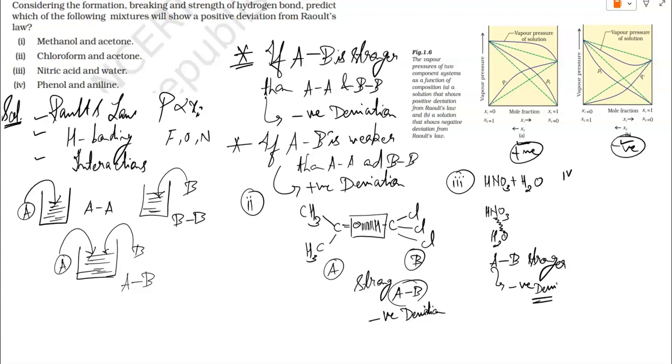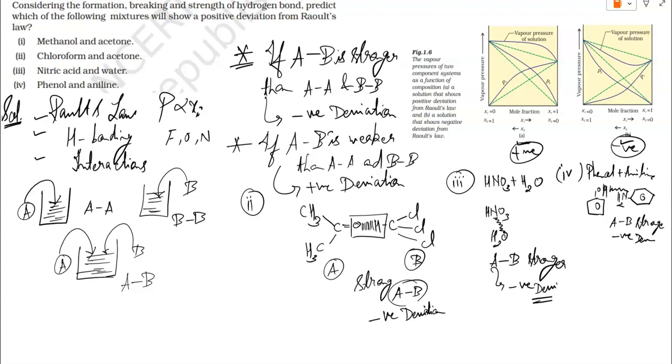Now the fourth option is phenol and aniline. Phenol is the benzene ring with OH and aniline is the benzene ring with NH2. Here you can expect hydrogen bonding from this nitrogen and hydrogen. So here also the AB interaction is stronger than AA and BB, so this will also show the negative deviation.